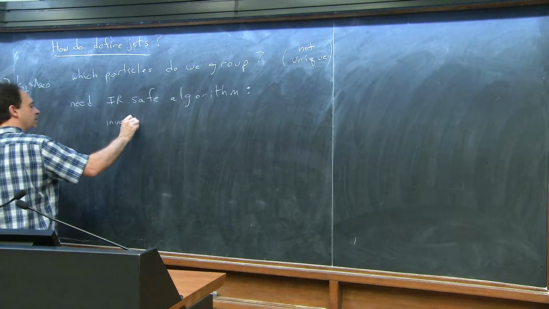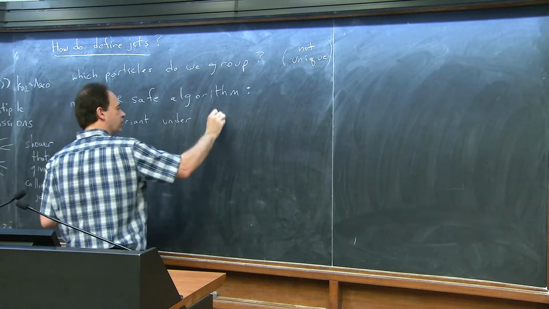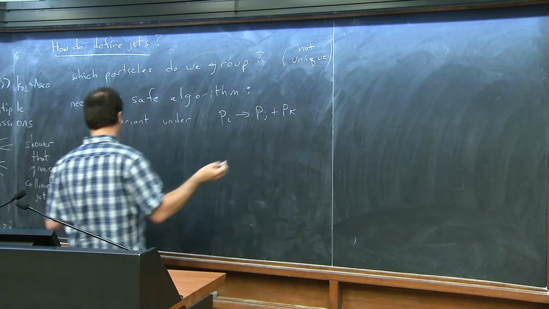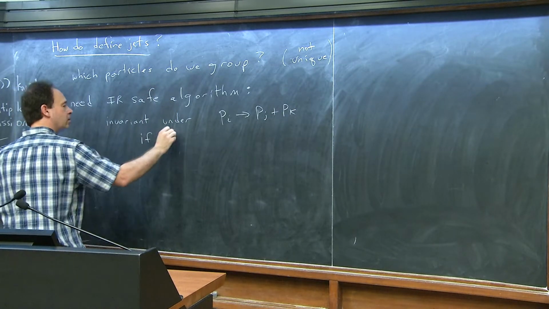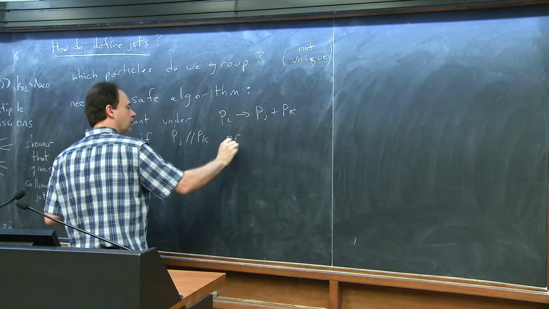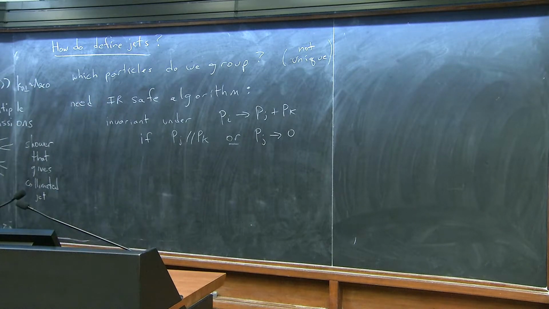So whatever the result of the grouping is, it should be invariant under a splitting of pi goes to pj plus k in the case where pj is collinear to pk or one of them is soft. That's a condition I'm going to impose on the algorithm, that it has this property of infrared safety.